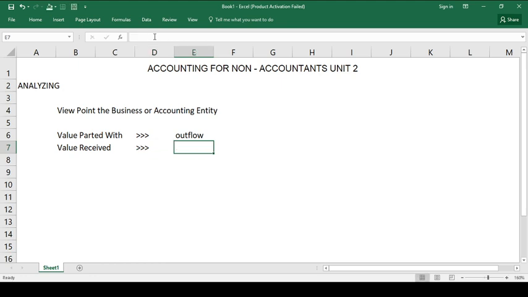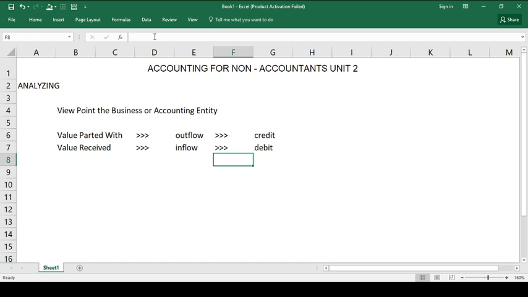Yung value received naman, ano yung mga inflow sa business? They connote the value parted with and value received on those terms. However, for accounting, the value parted with, yun po yung sinasabi nating credits, while the value received, yun po yung sinasabing debit. Yun po yung dapat i-debit.